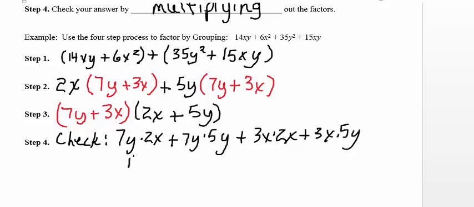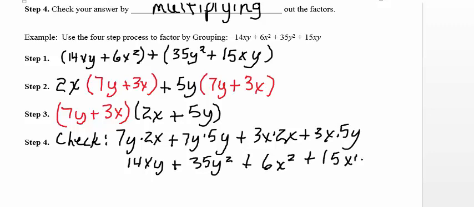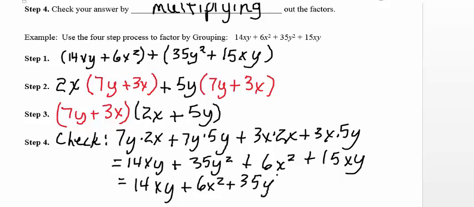So this is 14xy plus 35y squared plus 6x squared plus 15xy. And if we want to, we can of course rearrange these terms to get our original polynomial. And there we go, that's our check.